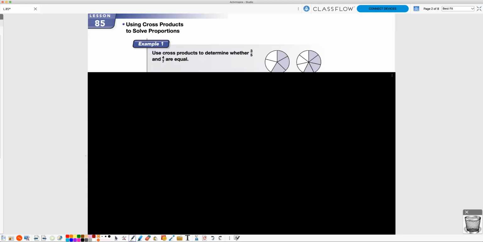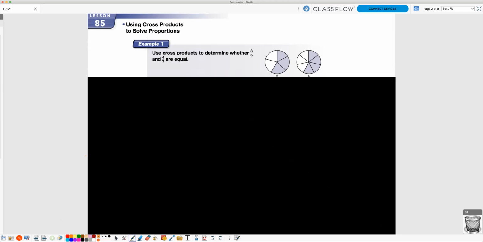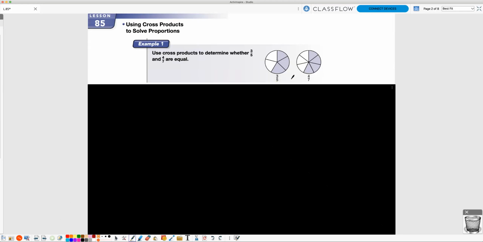So in example 1, use cross products to determine whether 3/5 and 4/7 are equal. So you simply take 7 times 3 and 5 times 4. Notice how it's the cross products. The paths cross each other. That's why they call it cross products.